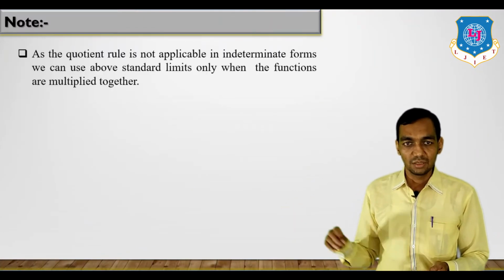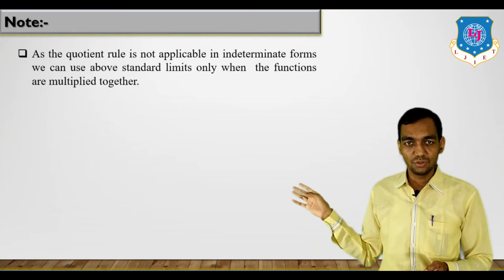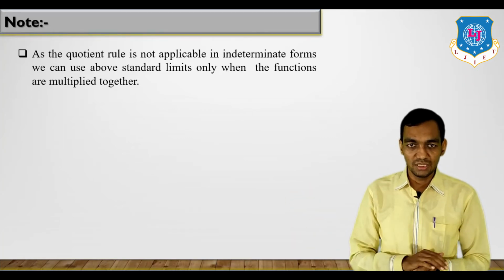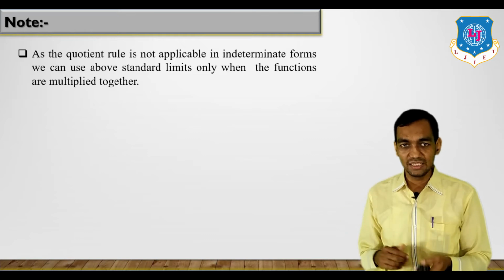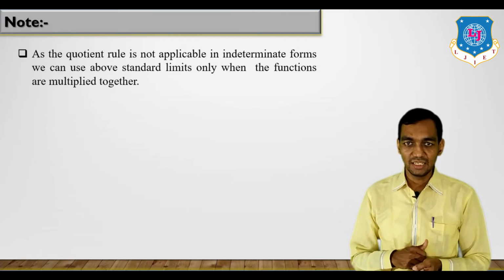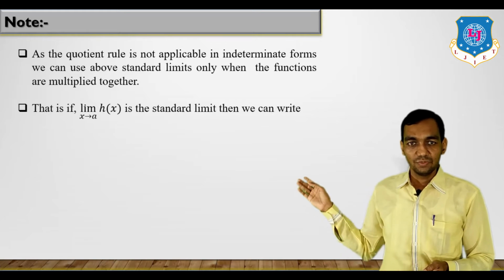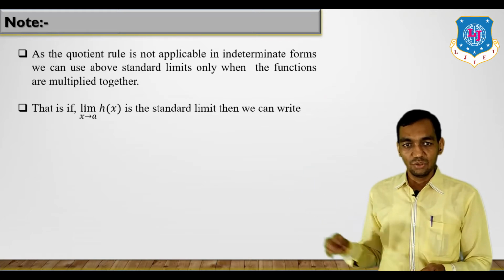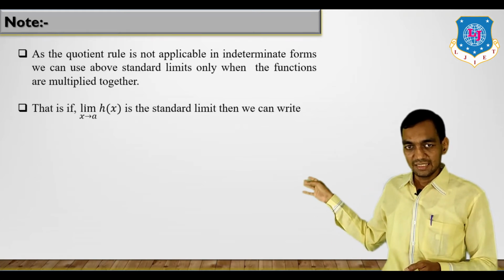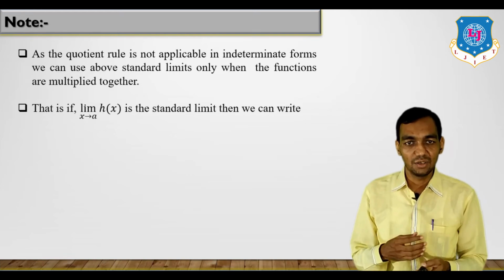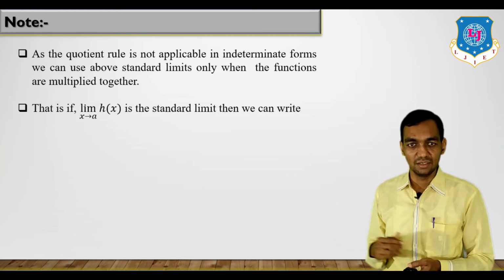Now, suppose you have any function and the quotient rule is not applicable whenever the 0 by 0 form is there, in that case we are going to use such standard limits. Also, suppose you have the form limit h x into f x upon g x, and h x is one of the standard forms of the limits which we have written here.